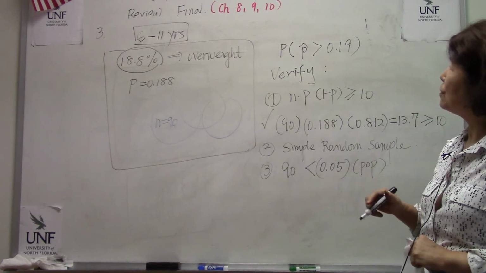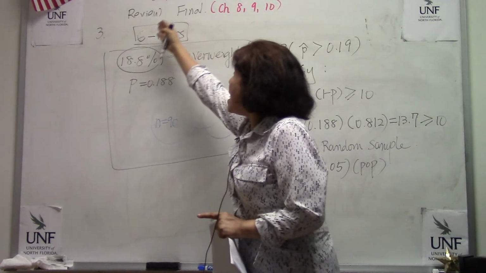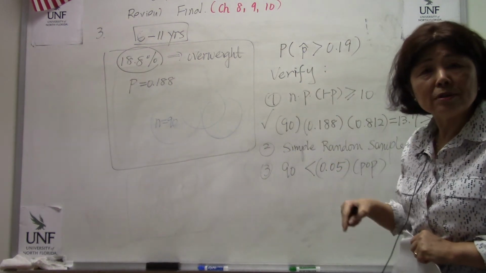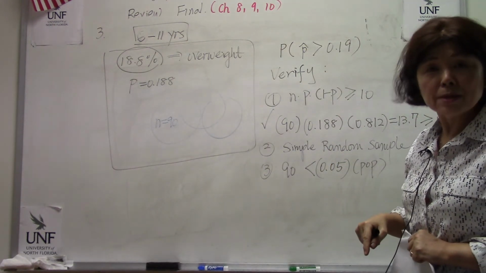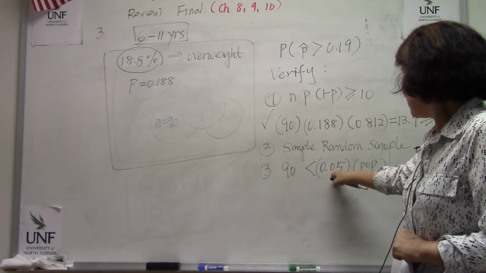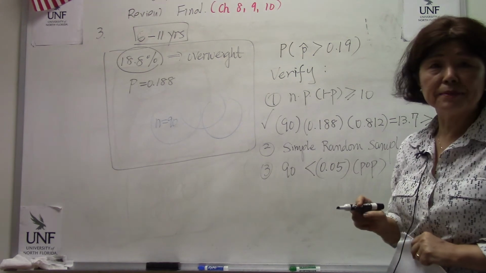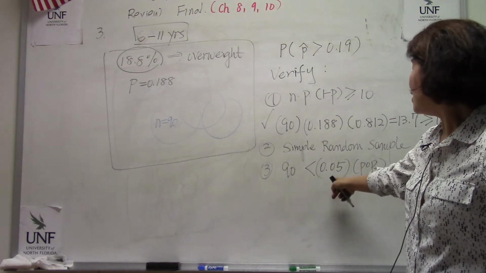What is the population here? That is 6 to 11 year old school-aged children in the U.S. There are millions of them. So is 5% of millions greater than 90? Of course, yes.